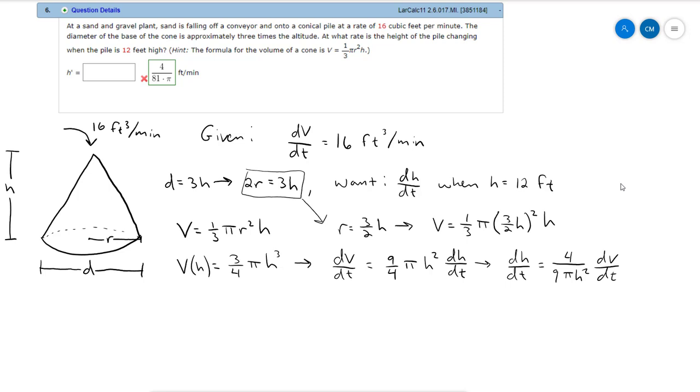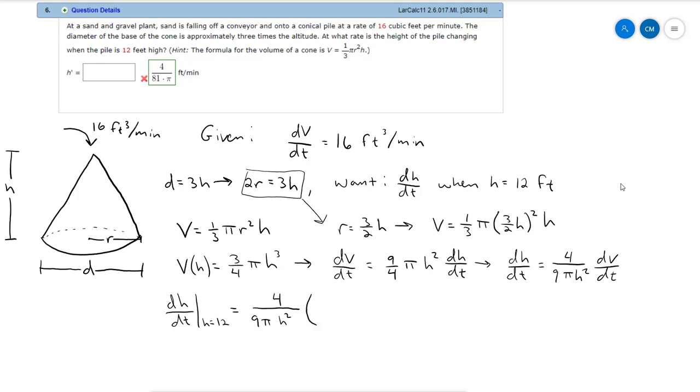Okay, so then we'll want to plug in the given quantities. So we want dh/dt specifically when h is equal to 12. So we'll just plug in 12 for h. We get 4/9 pi h squared.